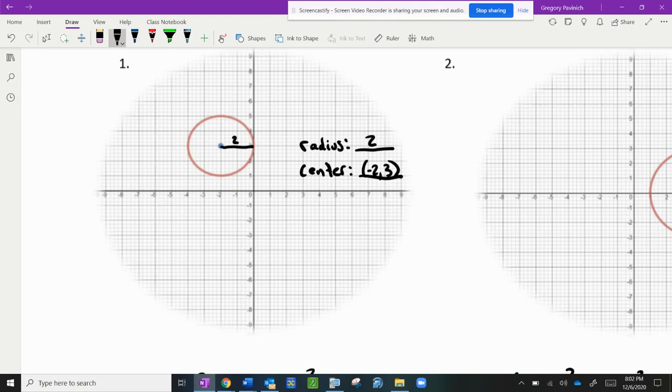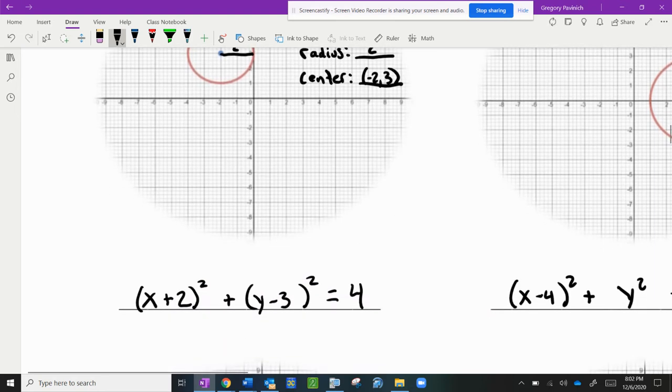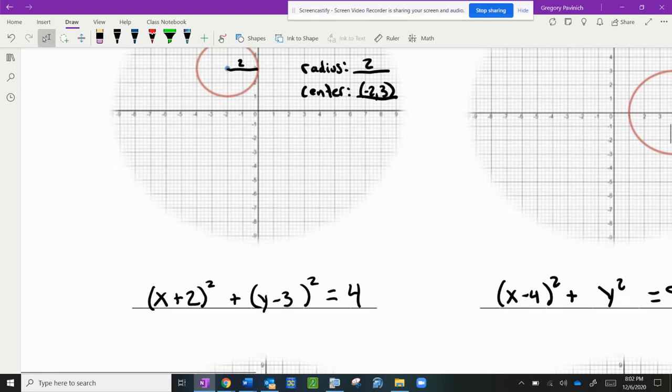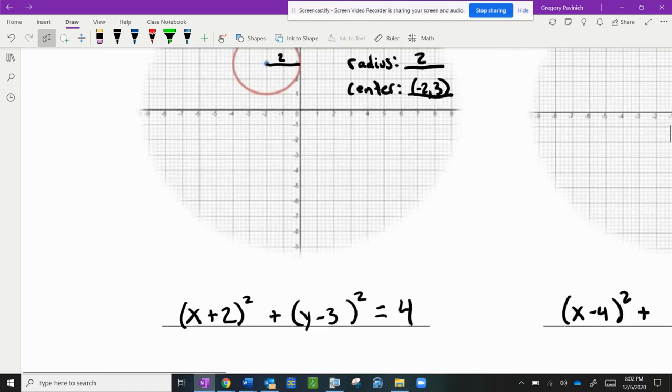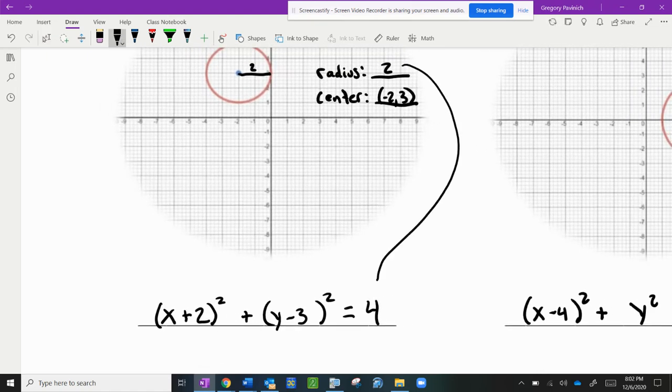So you would write those things down and then plug them into the equation. Notice my radius gets squared, which is 4, and my center is plugged in. Notice that they change signs because they go into the argument.